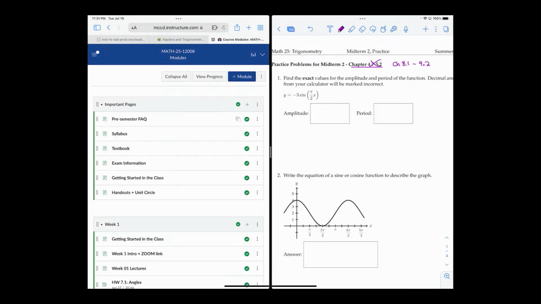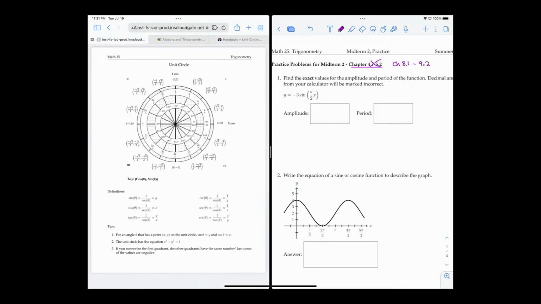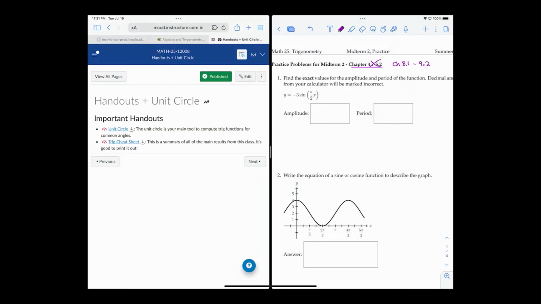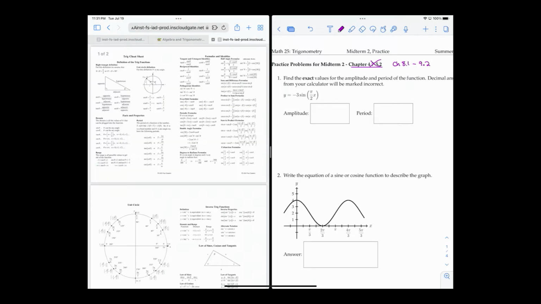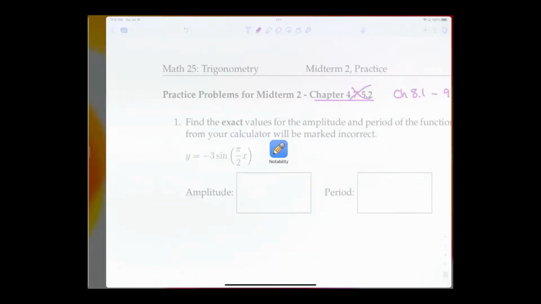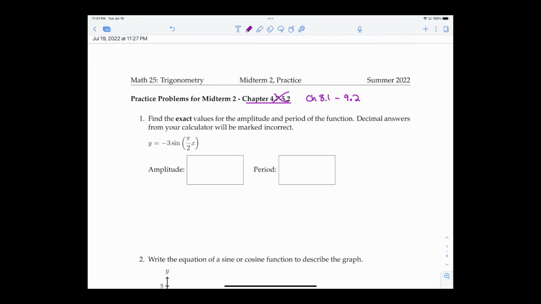What did I just download? Cheat sheet. Okay, so that should be everything we need. We will refer back to these when we need them. Let's go ahead and get started here.